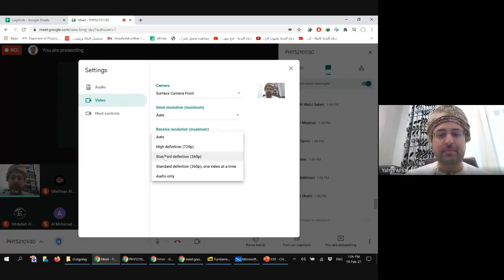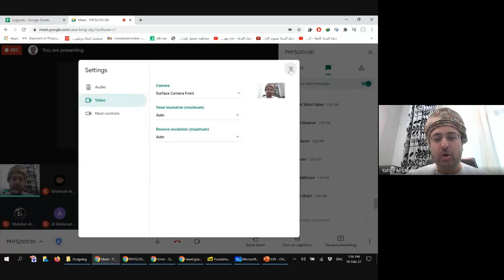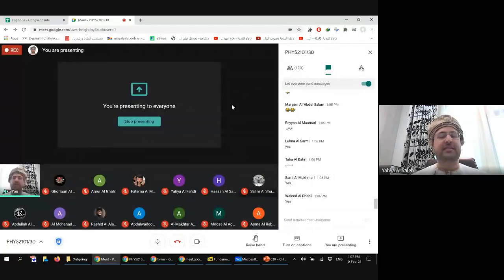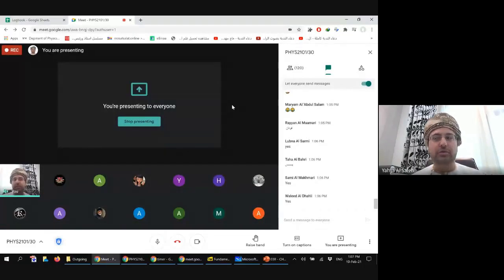Don't put automatic, put standard definition 360p. What that will do is make you receive a lower quality video, which means less lag for you if your connection is not as strong. And also if you're on a mobile phone, 720p and 360p will not make much of a big difference.